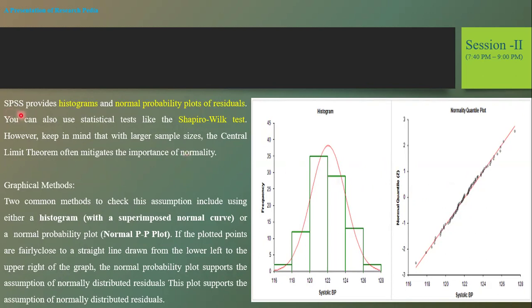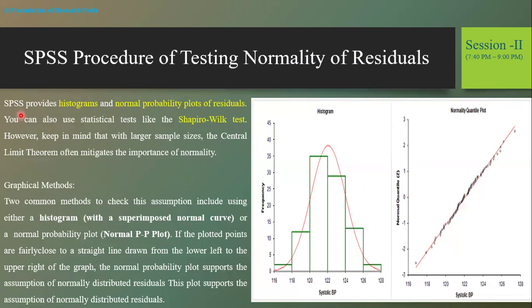Here I have also provided the text related to this. SPSS provides histogram and normal probability plots of residuals. You can also use a statistical test like the Shapiro-Wilk test. This is a non-graphical method. If you cannot identify any pattern, or you cannot decide whether the graphical pictures are showing a linear relationship or not, you can directly check the Shapiro-Wilk test.